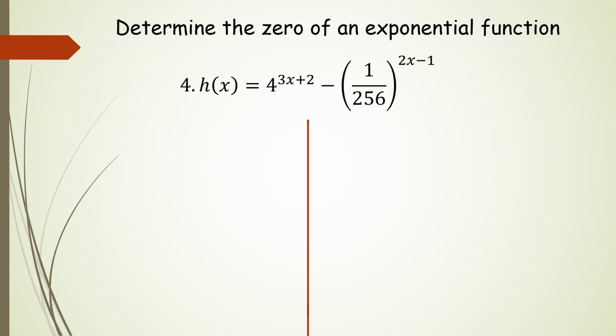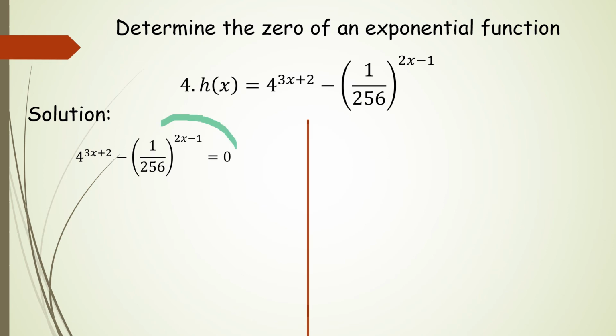Number 4, h of x is equal to 4 raised to 3x plus 2 minus the quantity 1 over 256 raised to 2x minus 1. So, equate lamang ulit natin sa 0. Then, lipat sa kabila. We have 4 raised to 3x plus 2 is equal to 1 over 256 raised to 2x minus 1.